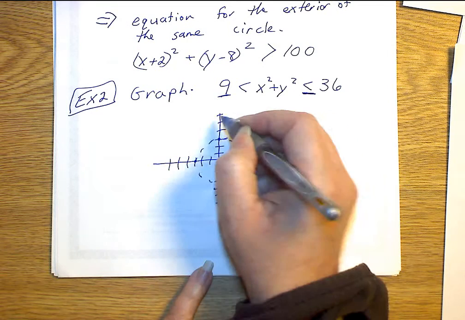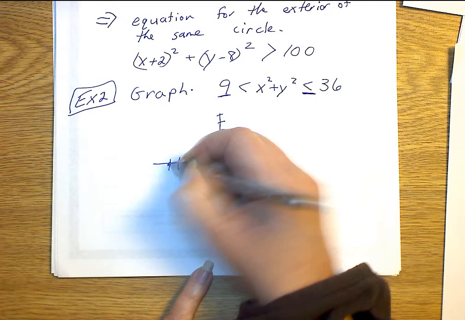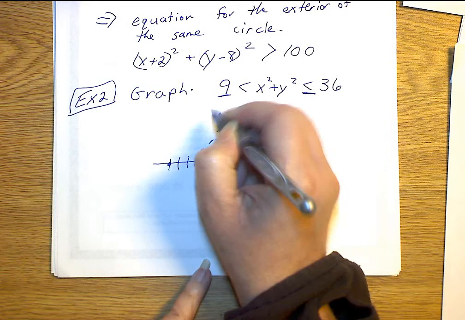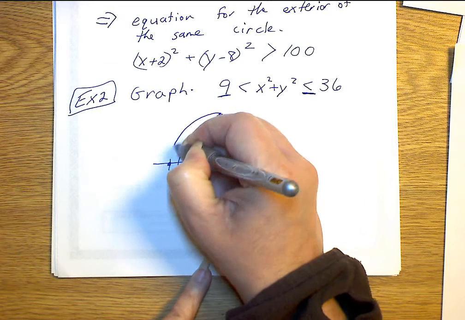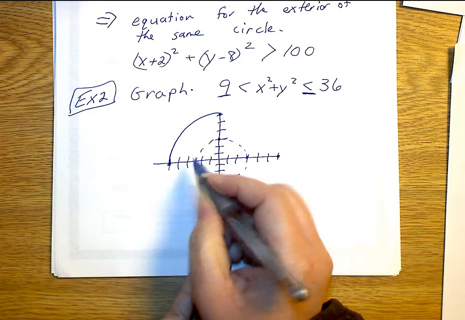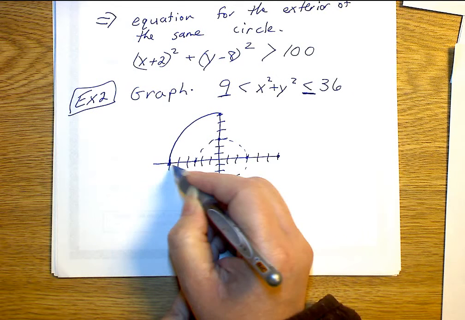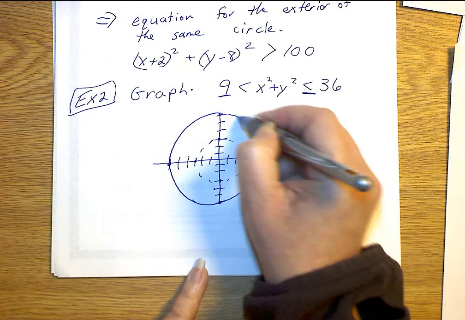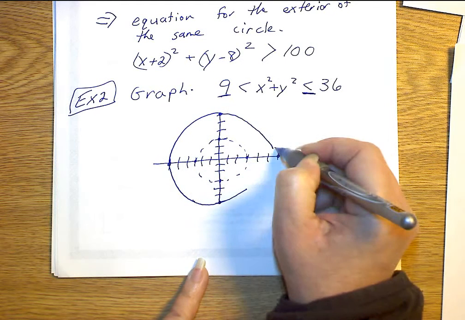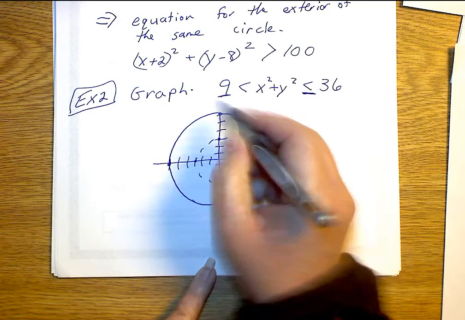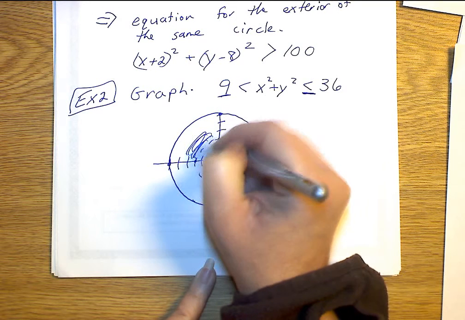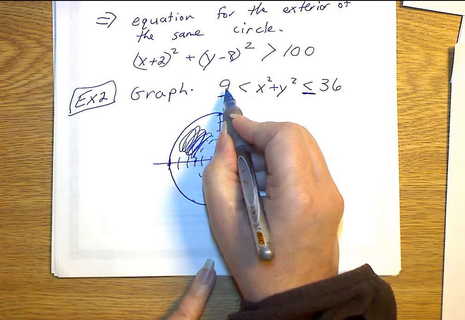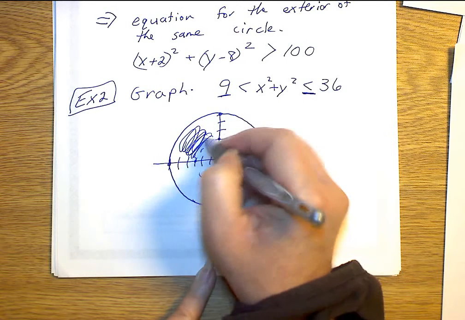I'm going to make this a solid circle because I changed the sign, so that you can have one of each so we can remember. Oops, horrible circle. But that's right. It's saying it's between the radius of 3 and 6, so this is where we would shade.